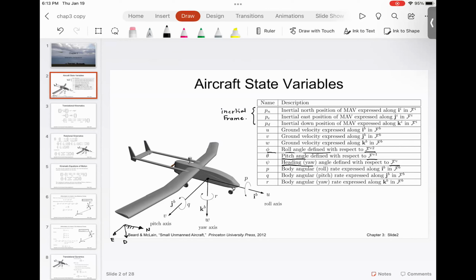So I have this vehicle frame, vehicle 1 frame, vehicle 2 frame, and I get to the body frame. So these three are the roll, pitch, and yaw angles, or yaw, pitch, and roll angles.